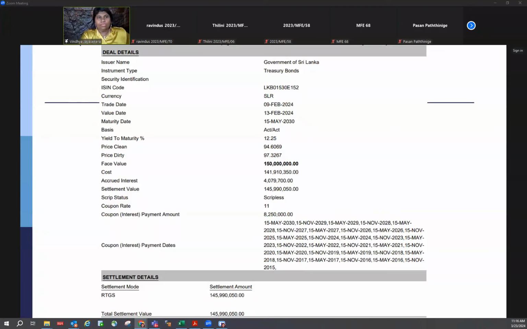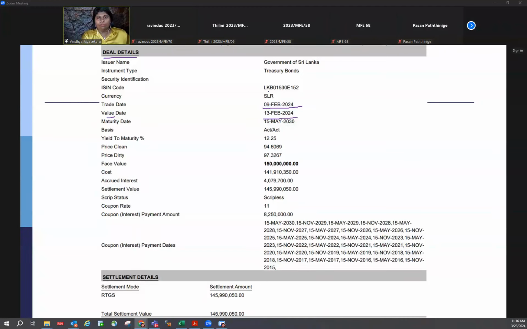But you can see here, this is the deal. The deal has taken place on 9th of February. On spot basis, you can see because the settlement is happening on 13th of February.